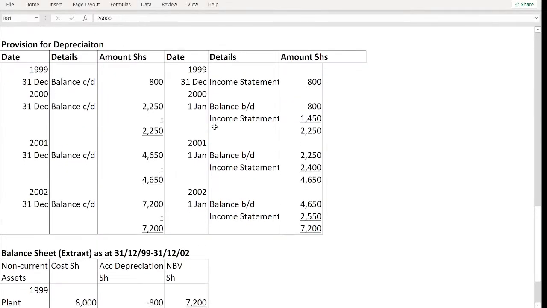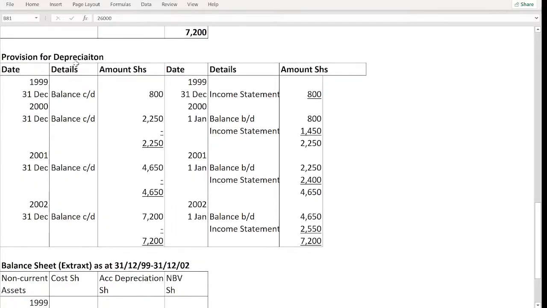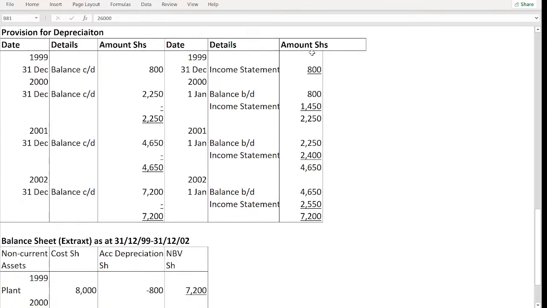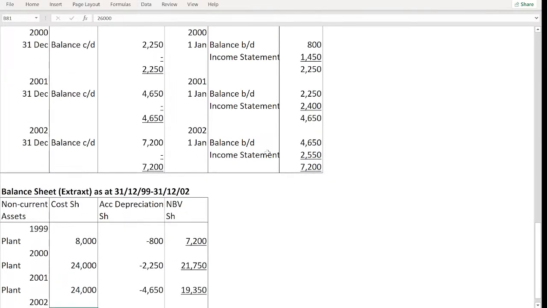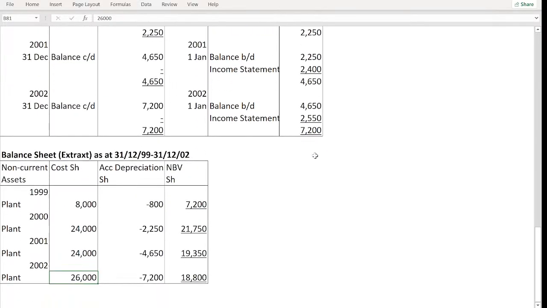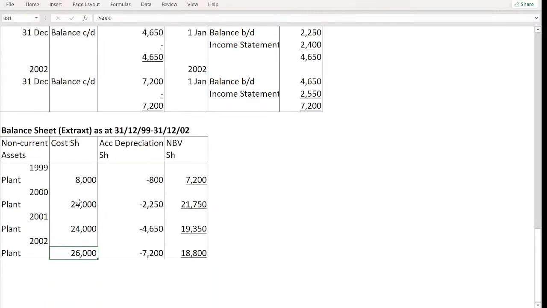So as you can see, in the provision for depreciation account, we have 800, 2,250, we have 4,650, and as well 7,200. So since our cost is in total, the accumulated depreciation also needs to be in total form. So in 1999, our total was 800.